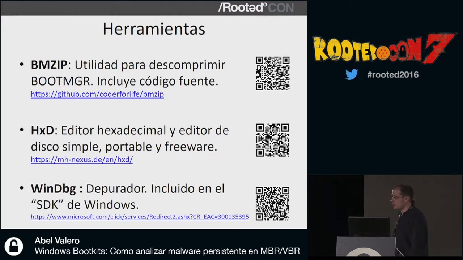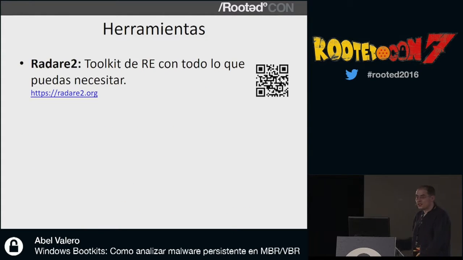You see bmzip, that will allow us to unzip the contents of that file. We will use a hexadecimal editor that will allow us to access the disk, HxD in this case, and finally a debugger, which will allow us to do the tracing, to investigate what we need, WinDbg.